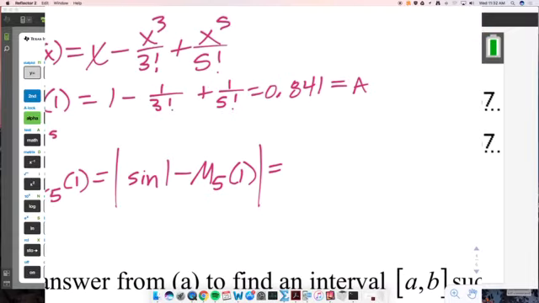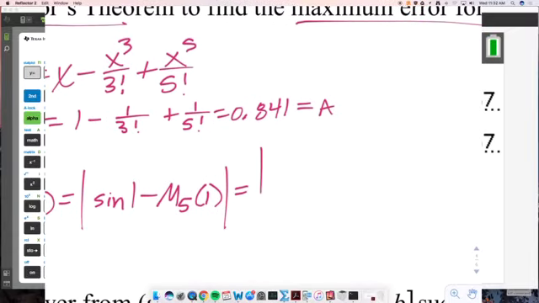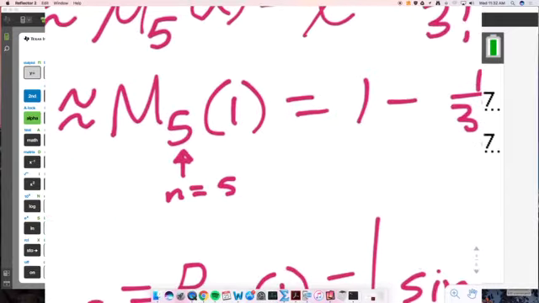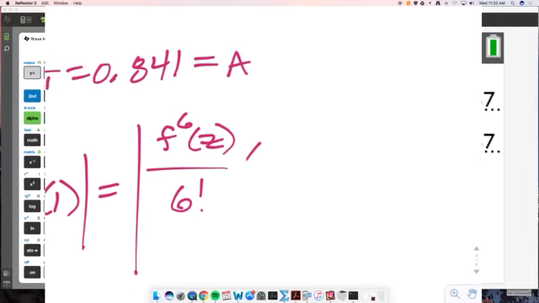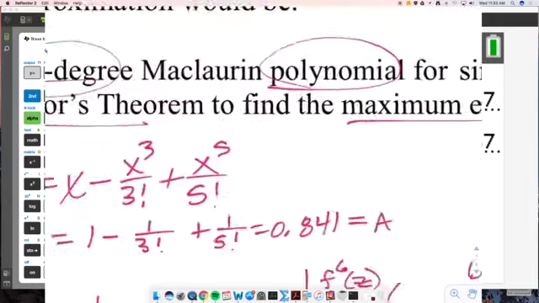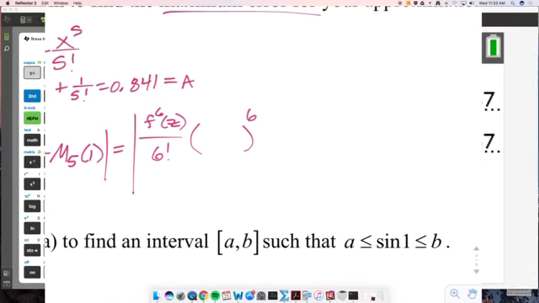We know that that's equal to the absolute value, then, by Taylor's rule. Since we used n equals 5, what's the number after 5, the integer? 6. So it's going to be the sixth derivative at some magical z value over 6 factorial times x minus c to the 6th power. Well, what's our center for Maclaurin? 0.